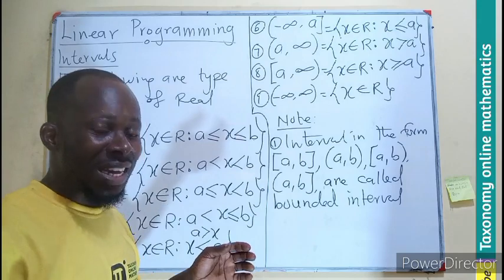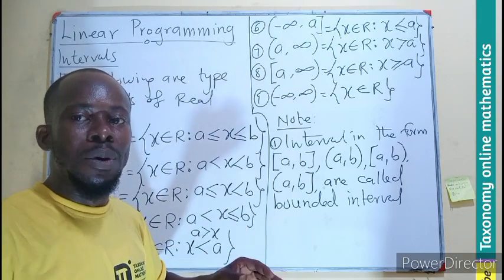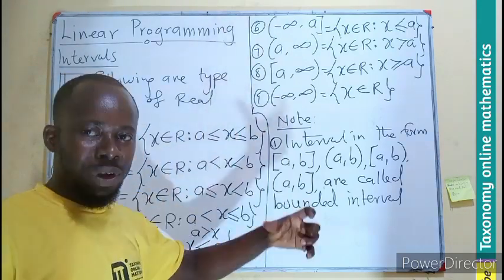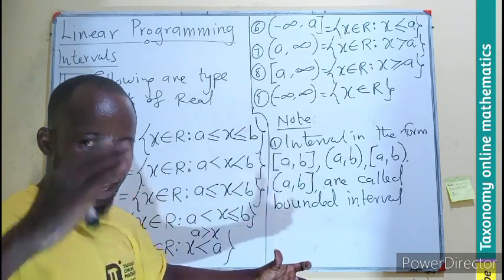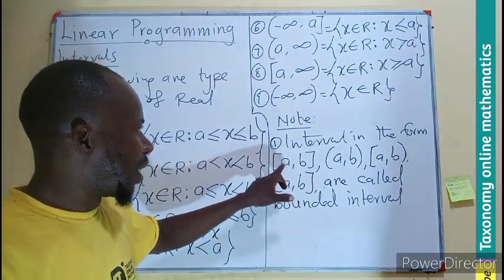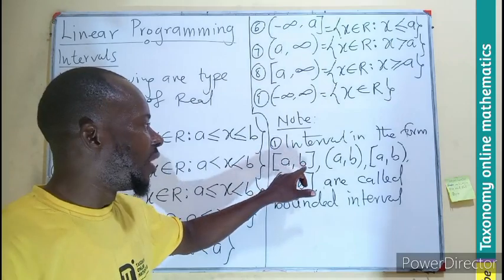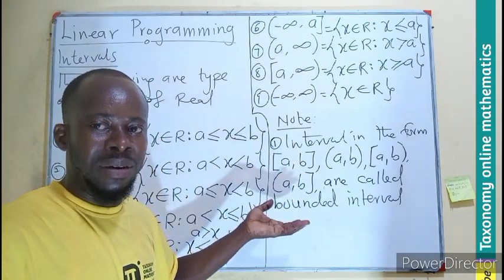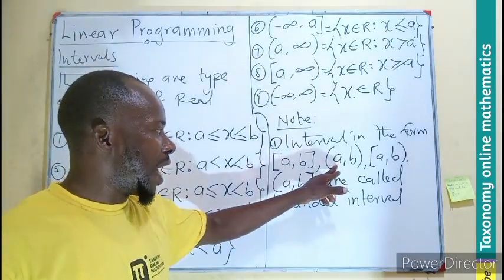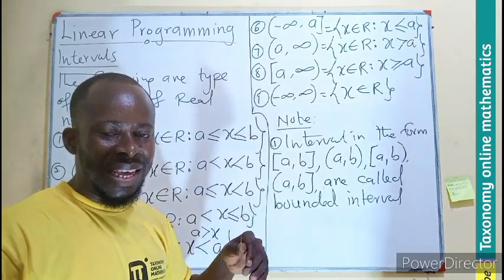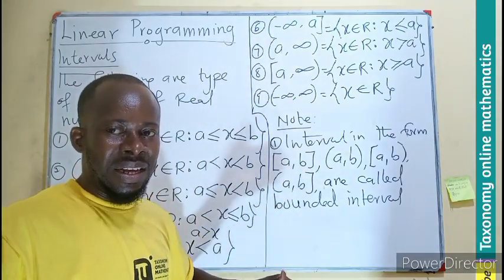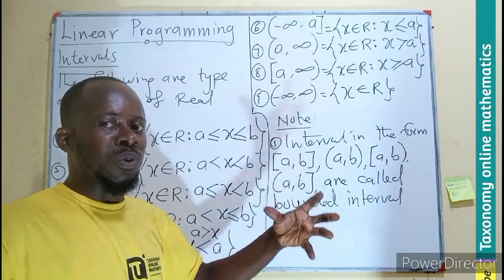It means there is a boundary we can put at the beginning and at the end. Here, we know A is part, B is part, so we know that all the elements are bounded. Here, A and B are not part, but they serve as a boundary for us, that the numbers between A and B are what we're looking for.